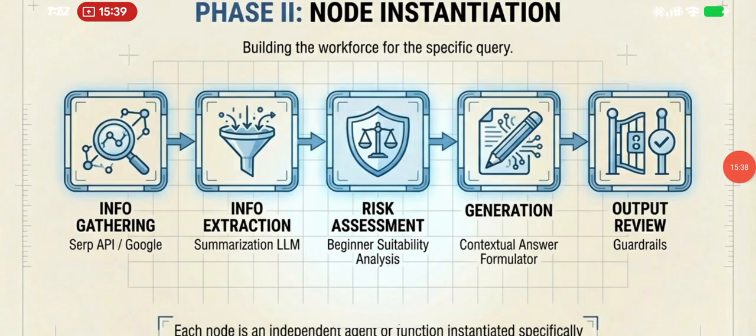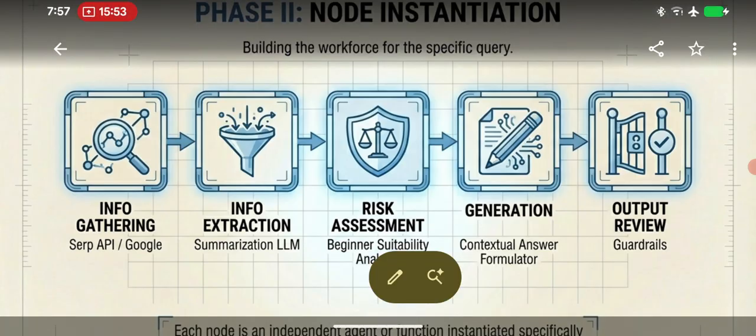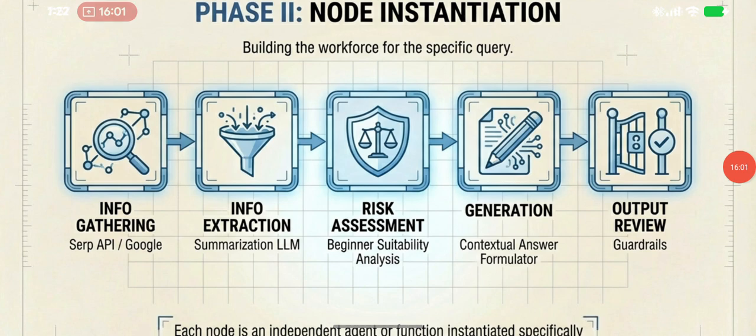So in such a requirement, the very first node required is information gathering. For information gathering, it can use a SERP API which will do the Google search and collect all the information. Then it will pass that input to the information extraction, which will do the summary of all the different information received.